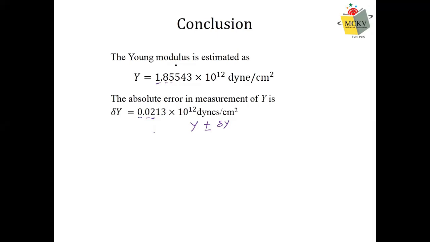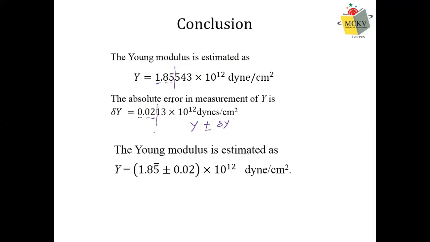So what we'll do, we'll truncate at that point. We'll truncate after the digit from where the anomaly starts, that is, from the digit onward where the value starts changing. But we can retain and write that digit from which the value changes.